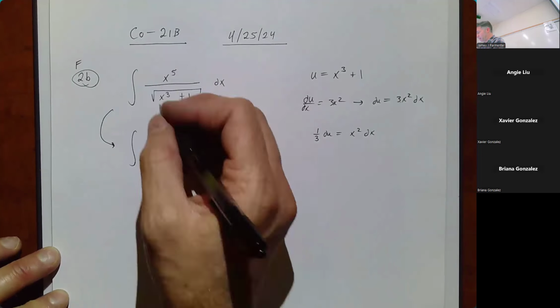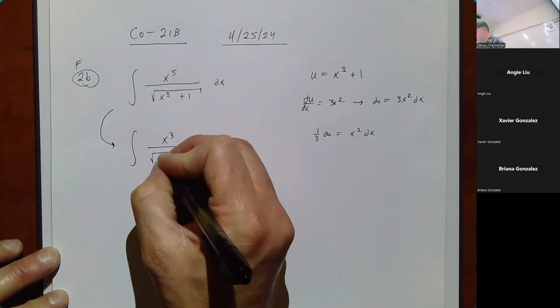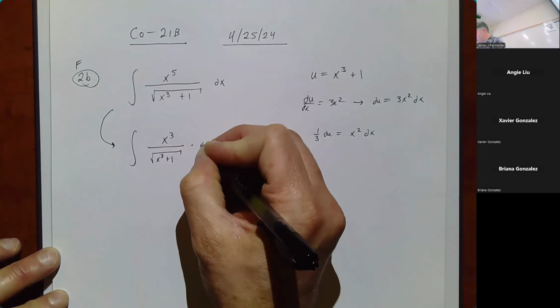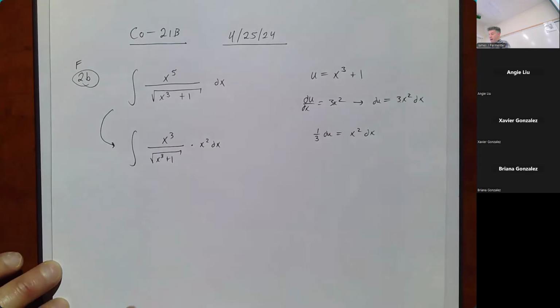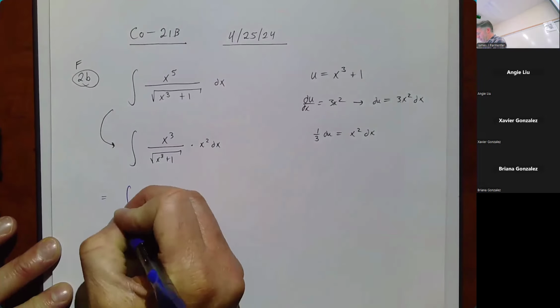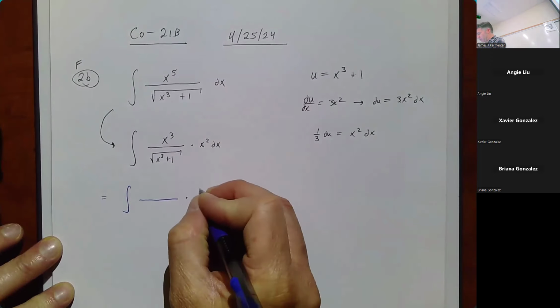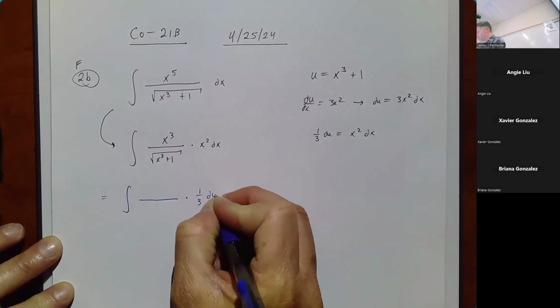I'm going to rewrite the top as x cubed over the square root of x cubed plus 1 times x squared times dx. So if I were doing it, I would write it as the integral of, I'm going to deal with this part in a second, but the x squared times dx would exactly become 1/3 times du.